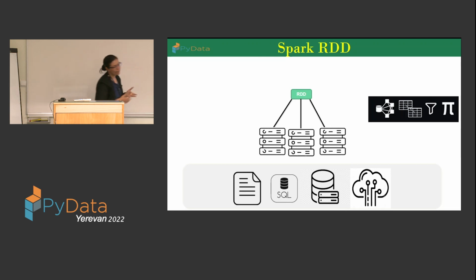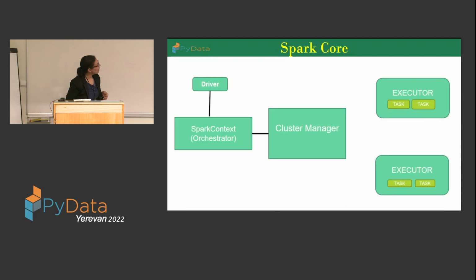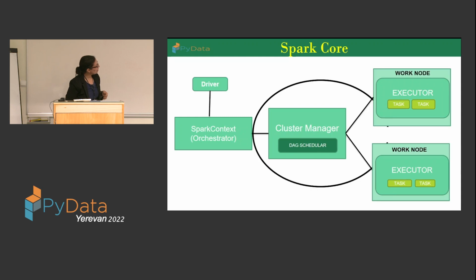Also joining and filtering can all be done on them. All of these actions in Spark are done in memory. And this RDD helps to hide the complexity of performance and what Spark does from the user.